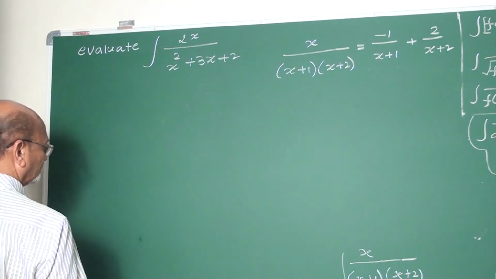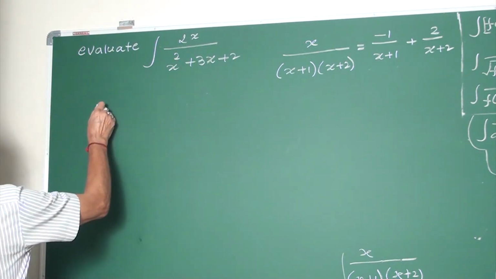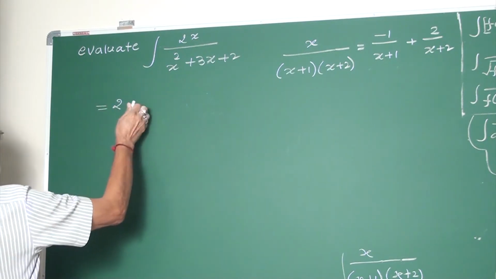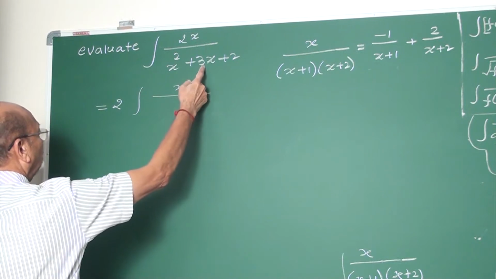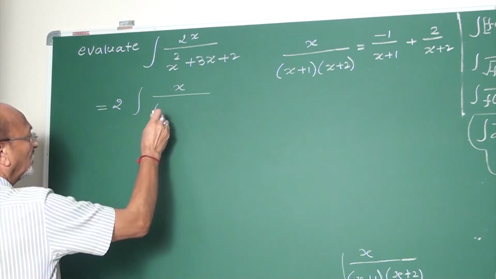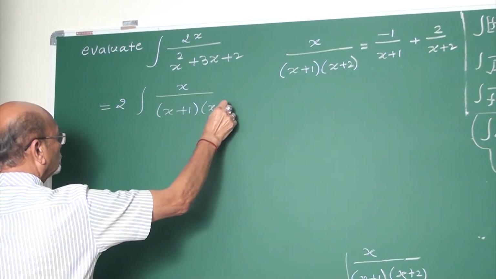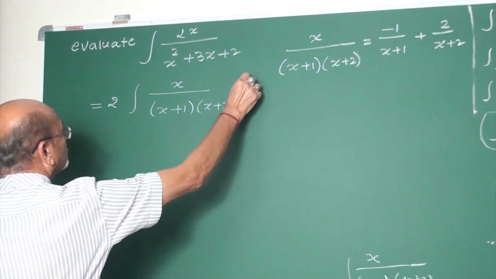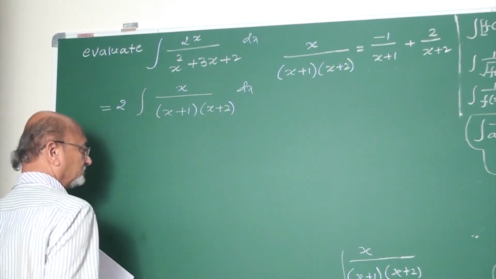This can be written as, 2 being a constant, you can take it out: 2 times integral x upon, can you find the factors? Yes, sir. The factors are (x plus 1) into (x plus 2) dx.